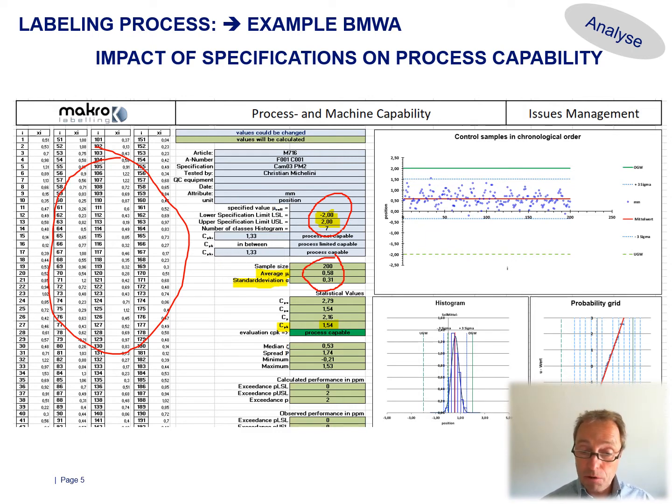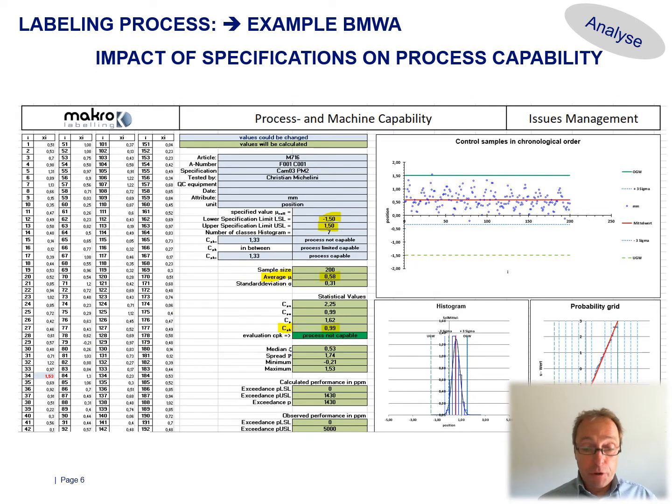We take the worst of the two. It's still better than 1.33, but we could improve the process to readjust a little bit the machine to take care that the mean is around 0, and then we have also a CPK better than 2.